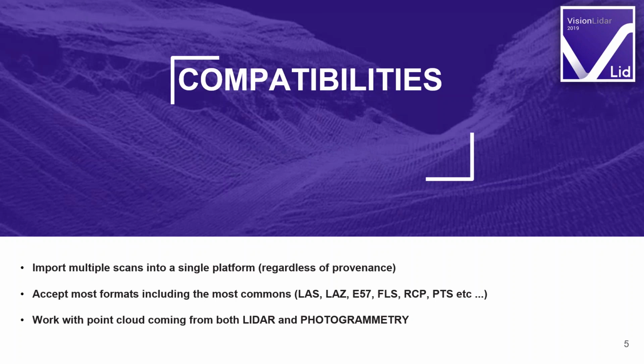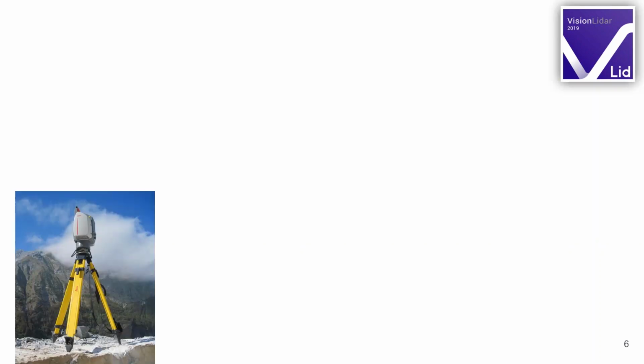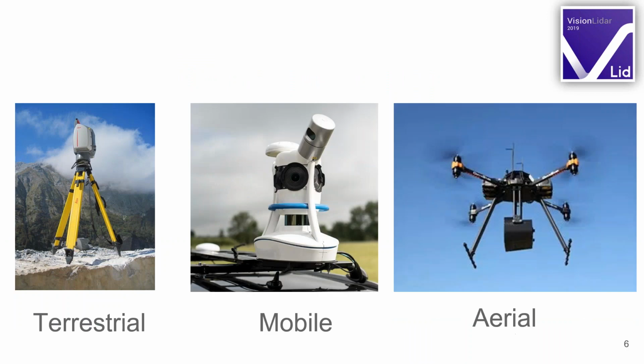You can import both point clouds from LiDAR and photogrammetry, so no matter where your data comes from, you will be able to upload it into the software. We have no discrepancy between the scanners you can use. You can use terrestrial, mobile, aerial, or a combination of them, and import all of those scans into one simple environment.